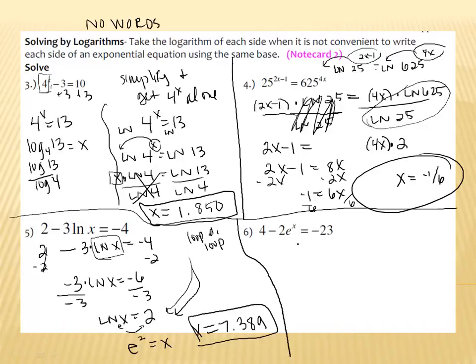So if you look at this problem, you notice that this is just e to the x, there are no words whatsoever. If you think there are words, come talk to me, because there are not any here. So we need to get the e to the x alone. So we're going to minus 4, minus 4. We divide by negative 2, divide by negative 2.